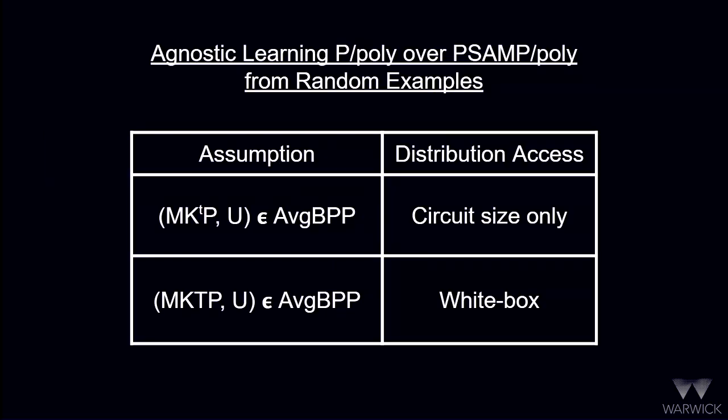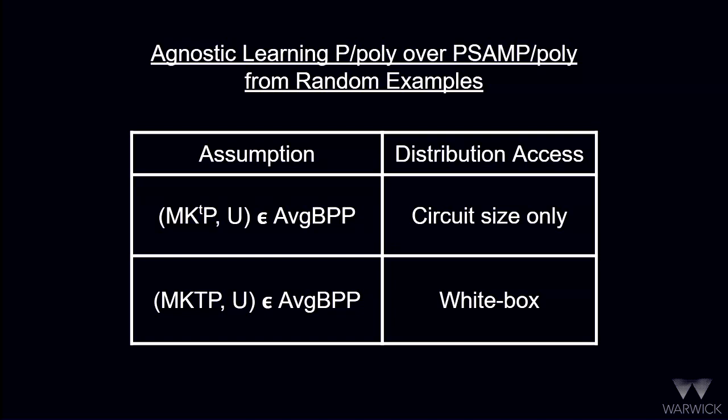A bit more specific here. We have two main results corresponding to two different versions of time-bounded Kolmogorov complexity, and I'll define those in the next couple of slides. But for now, I'll mention that the difference between them is in the type of access that the learner gets to the distribution it's learning over.